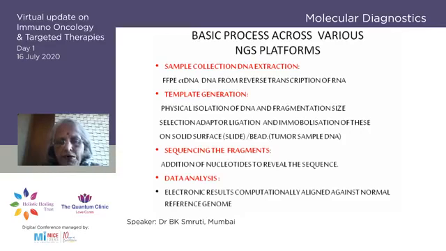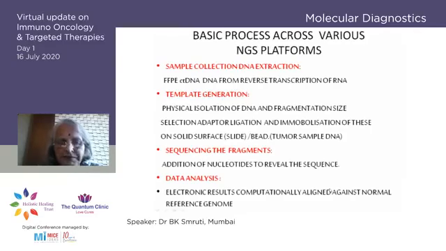And this you can call the tumor template or the tumor sample DNA. And this is the one that you're going to sequence. And the sequencing is done by fluorescence attached nucleotides, which then get attached to this tumor sample, and it actually reveals the sequence. So that is how the interrogation of the sequence of the tumor is done.